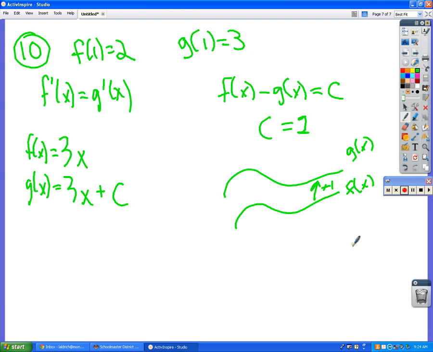So the functions look exactly the same, but g of x is just 1 unit higher than the other one. So of those choices, which is going to be true? Will they intersect exactly once? No. Will they intersect no more than once? No. Do they not intersect? Yes. So the answer is C.